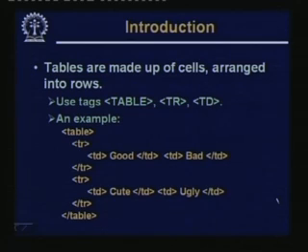Well, tables, as I told you, are constructed using something called cells. So each element in the table is called a cell. Cells can be organized in rows and columns. So there are a few things we need to specify when we are talking about a table.